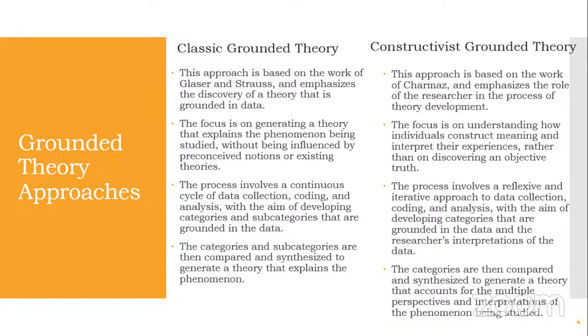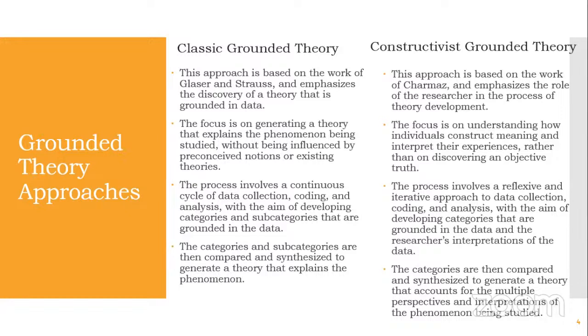So the basic difference between these two approaches is that in classic grounded theory, we are concerned with explaining the phenomenon itself. Whatever you are observing, it can be any social phenomenon, anything. Okay, we are trying to understand the phenomenon itself.